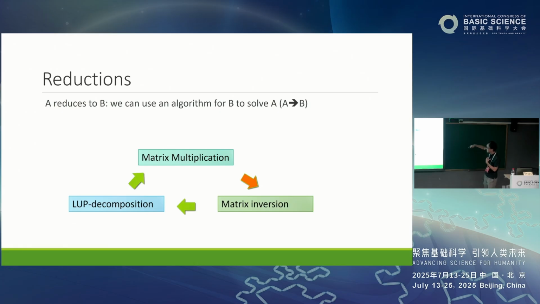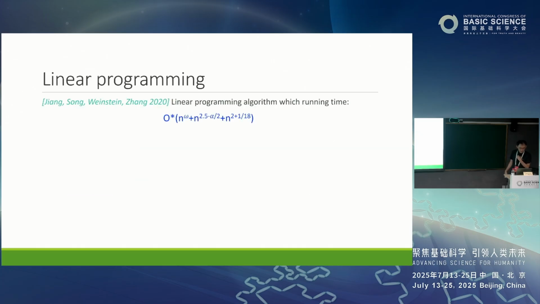And matrix multiplication can also be reduced to matrix inversion because of this: if I can compute matrix inversion, we can compute A times B. So many such matrix operations have the same time complexity as matrix multiplication, so they can be accelerated by fast matrix multiplication algorithms. And linear programming now also has a running time like this.